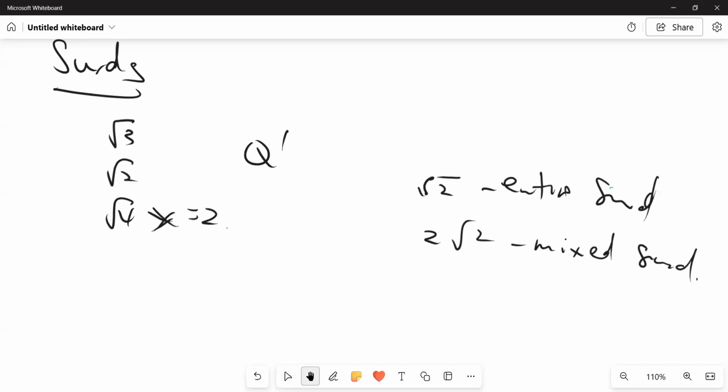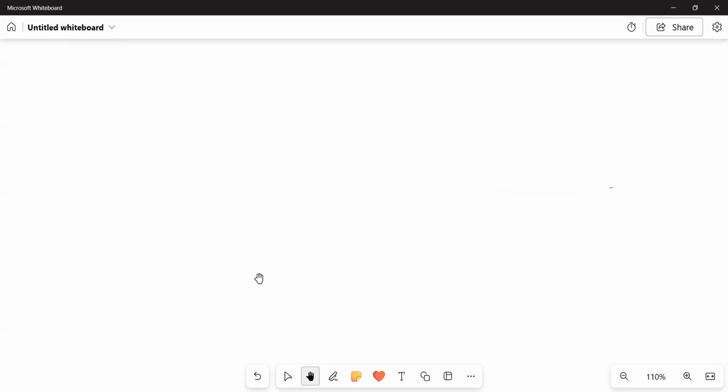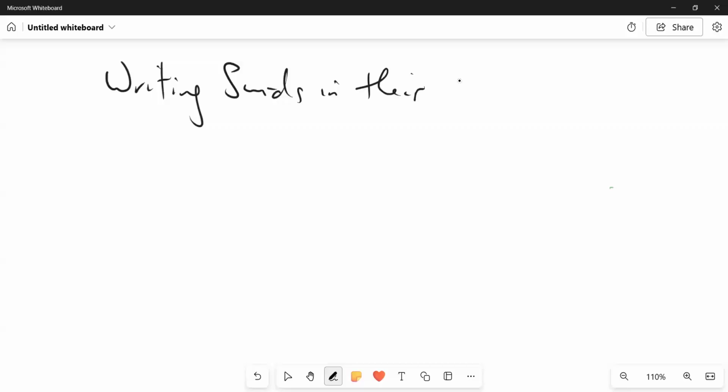Good. So let's explore surds a little. For example, let's try to write surds in their simplest form. So let's take an example.